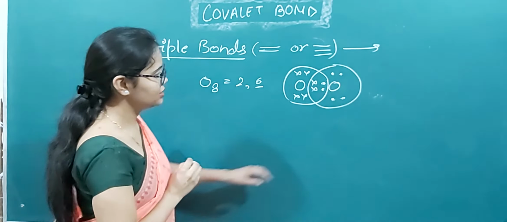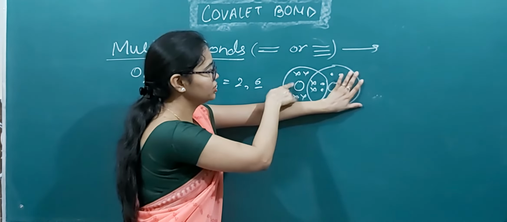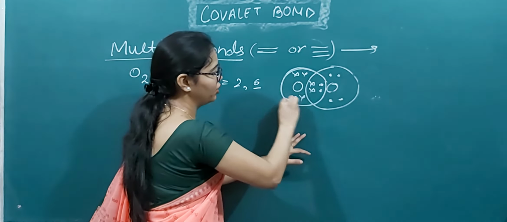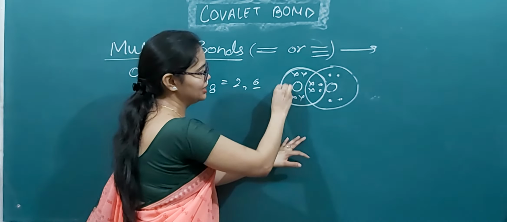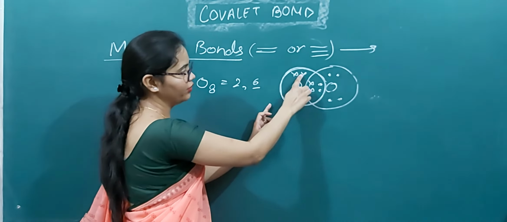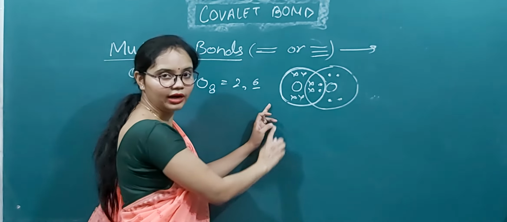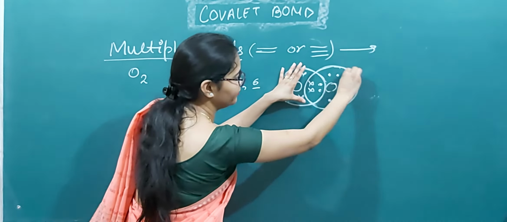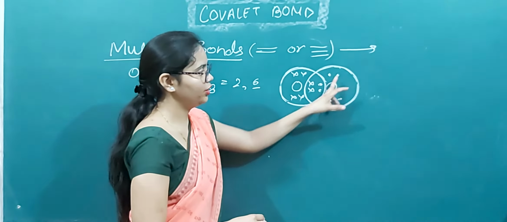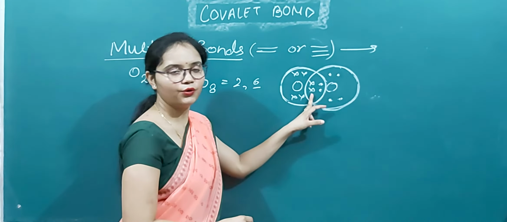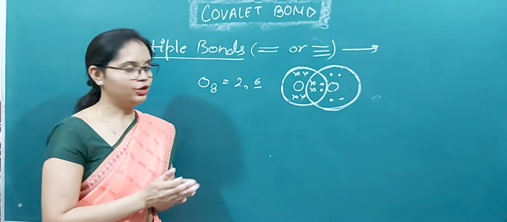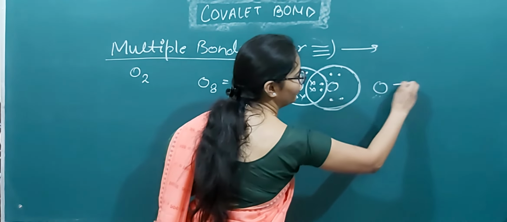As you can see, in the circle of this oxygen atom 8 electrons are present, 1 2 3 4 5 6 7 8. Similarly, in the circle of this oxygen atom you will get 8 electrons. As in this case 2 pairs are shared, a double bond will form.